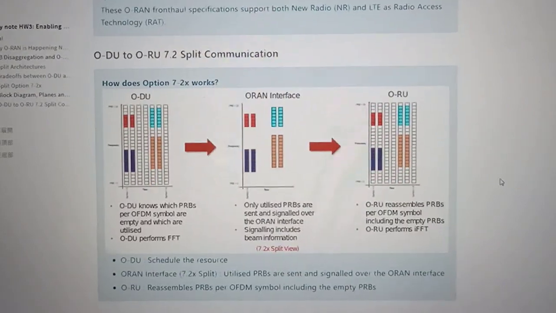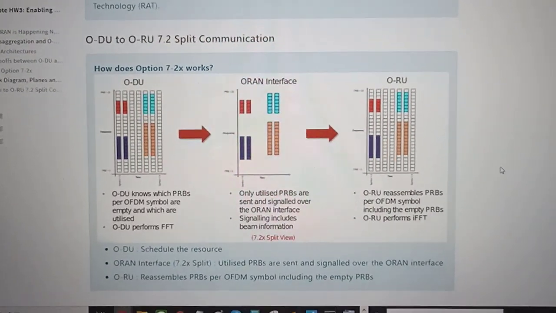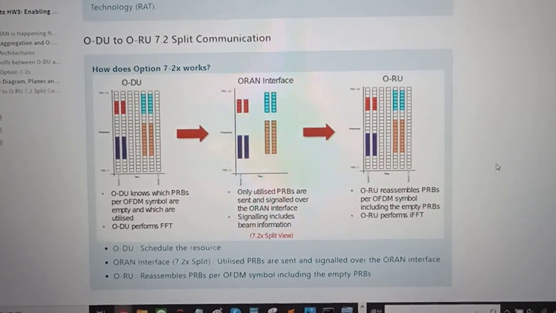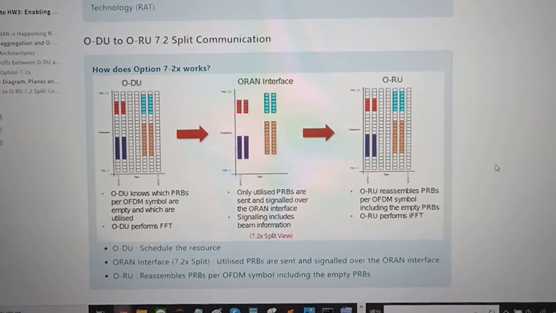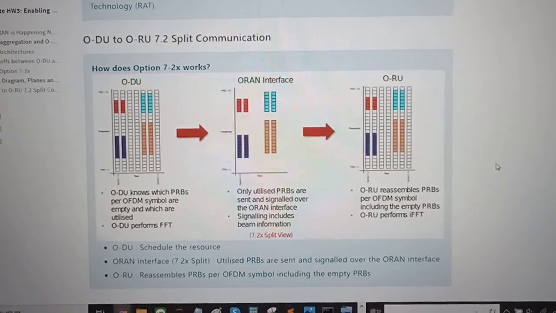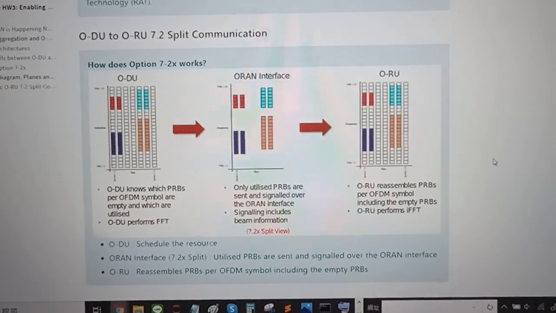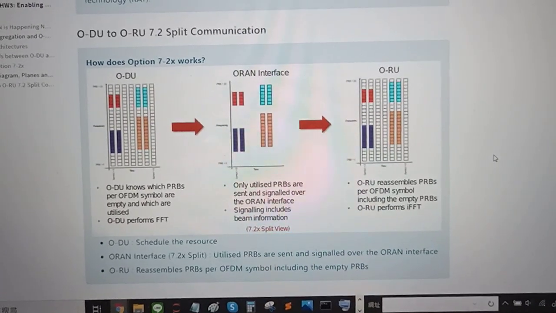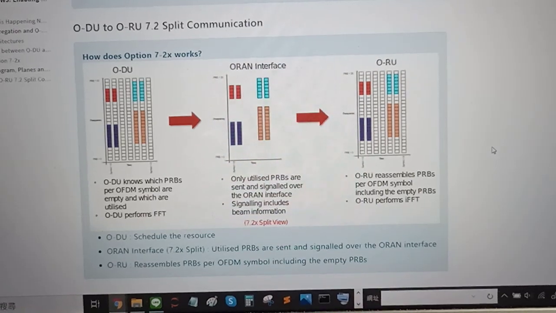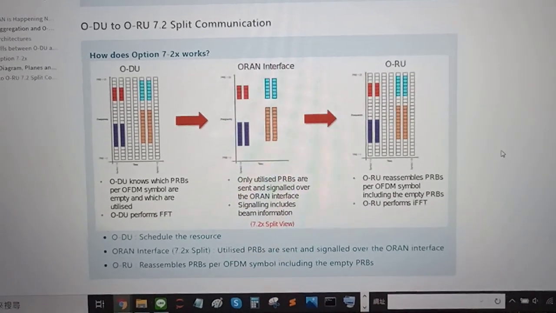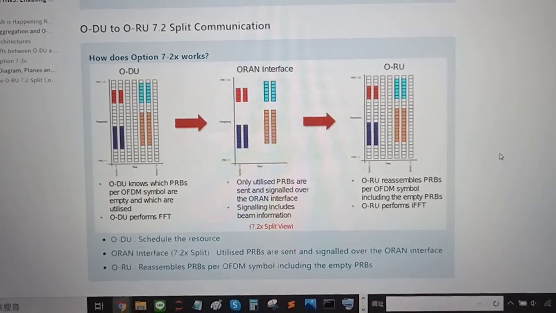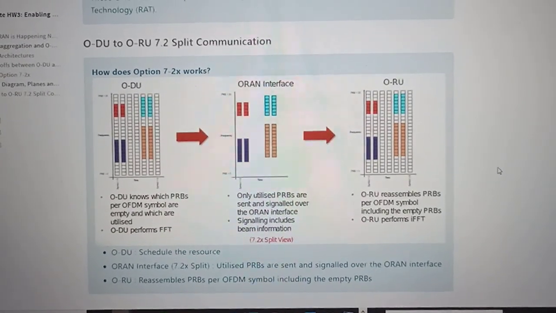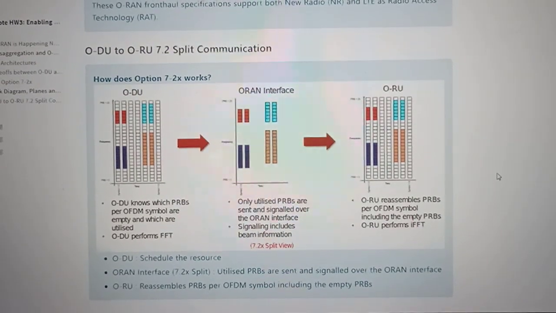So finally, in the 7.2x split option, the communication between O-DU and O-RU will be like the figure shows. The O-DU schedules the resources, and the 7.2x Fronthaul interface will utilize the PRBs sent and synchronized over the interface.